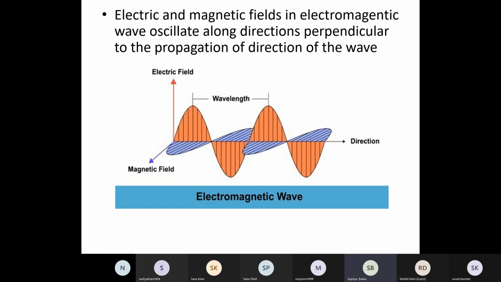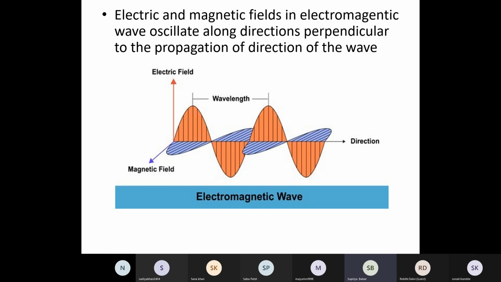See the electromagnetic wave, with two colors, orange and blue. The orange color represents the electric field, and the blue one is the magnetic field. The electric and magnetic fields in an electromagnetic wave oscillate along directions perpendicular to the direction of propagation of the wave.